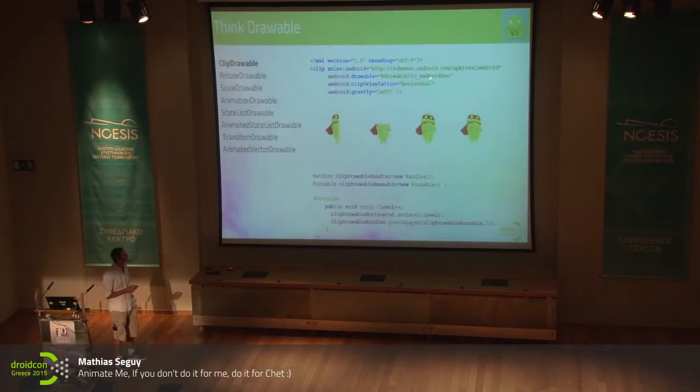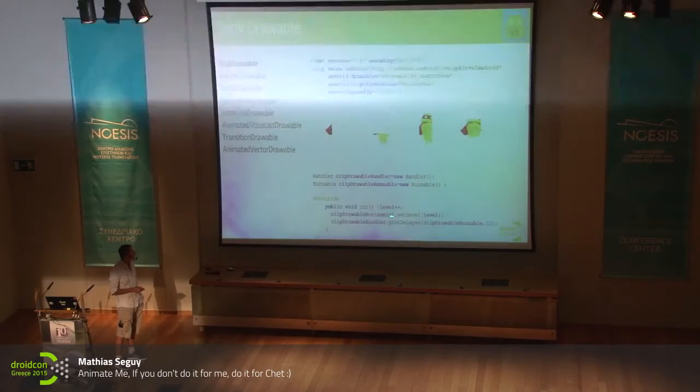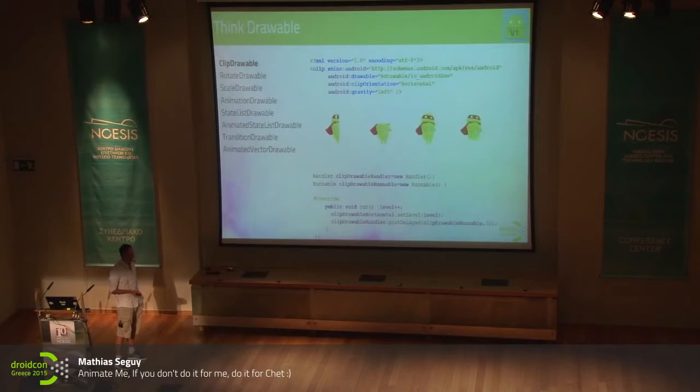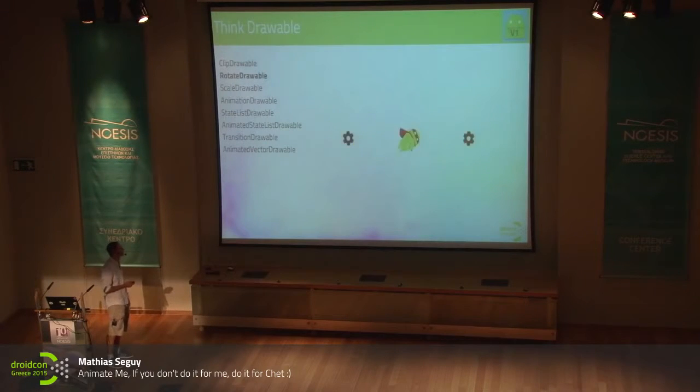You give the orientation, the gravity, and then you use the handler and runnable method that I just showed you in the previous slide. And you increment the level of your drawable, and it's over. Your drawable just moves. So for making stuff appear, it can be good.